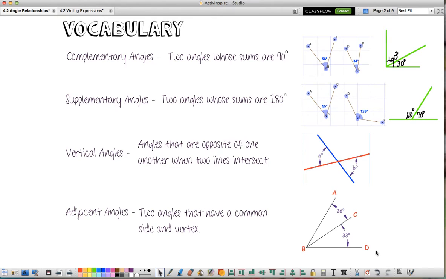And the two angles that are adjacent are ABC and CBD. So you have these two here that are touching, that are adjacent. And then here, if you want to look at the vertical angles, here's angle A. This angle right here would be adjacent to angle A because they share this side and they have that vertex in common.